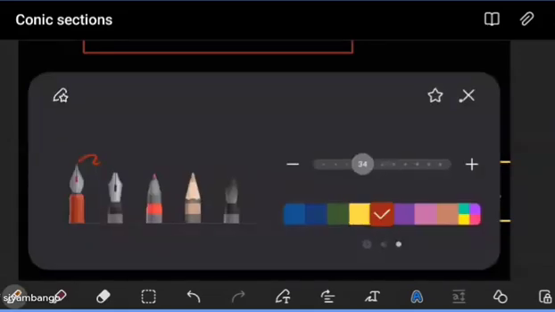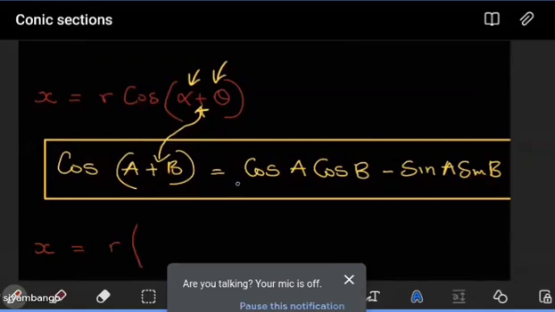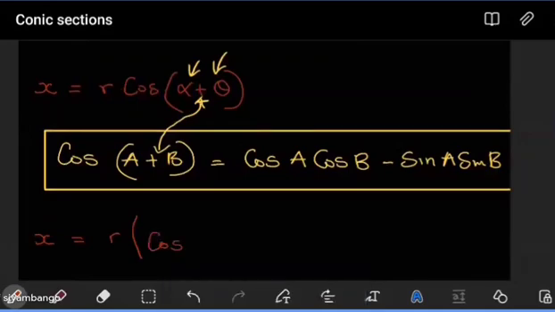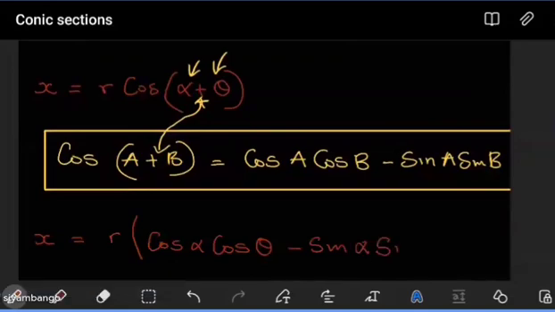So no funny business. When we use that identity, we now have x is equal to r, and I'll put the brackets because all this is multiplying the r here, cos alpha cos theta, minus sine alpha sine theta.